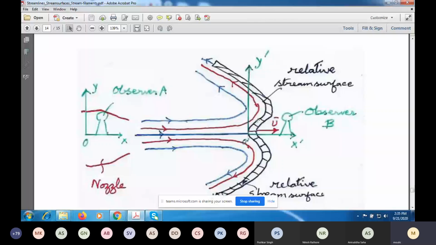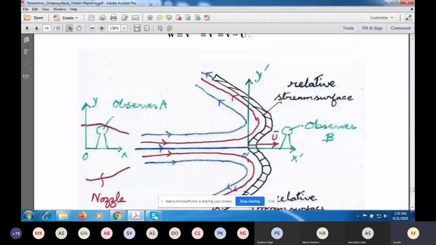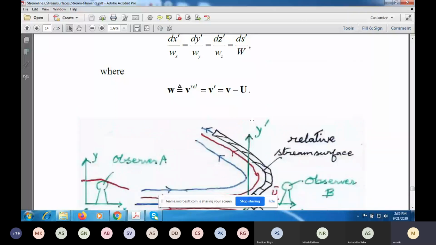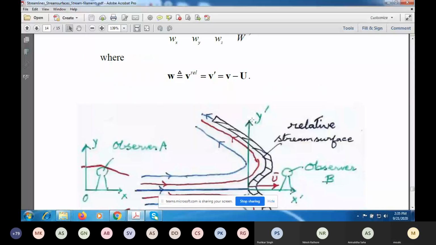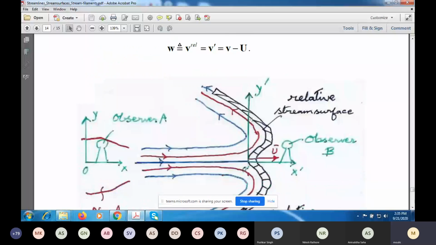So if it's an inviscid fluid, then the direction of W will be tangent to the wetted surface. Okay. So if it is tangent to the wetted surface, then that wetted surface is a streamline or a stream surface. But it is what I will call a relative stream surface.